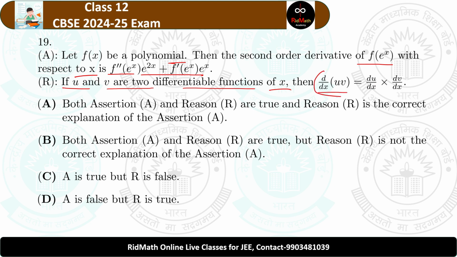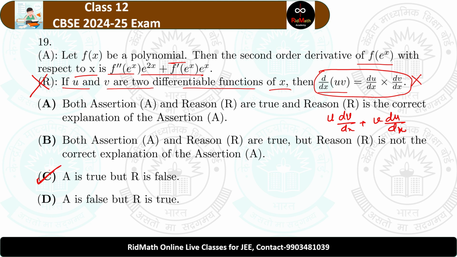You can see this is the product rule, but this is not correct, because we have learned that the product rule is u into dv dx plus v into du dx. So R is false.